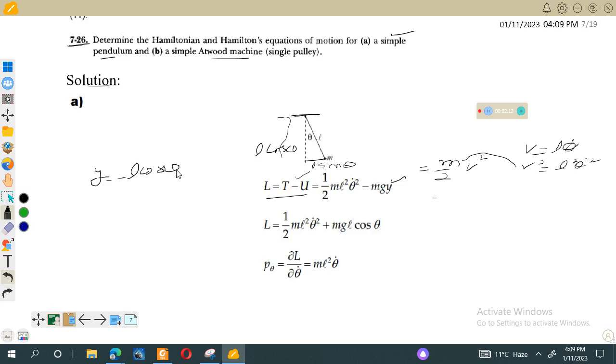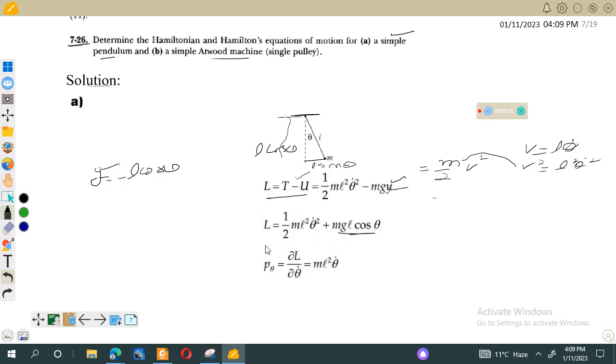Then plugging this y into the equation, the Lagrangian T minus U becomes m L squared theta dot squared over 2, and the minus sign becomes positive, so it becomes plus mgL cos theta.